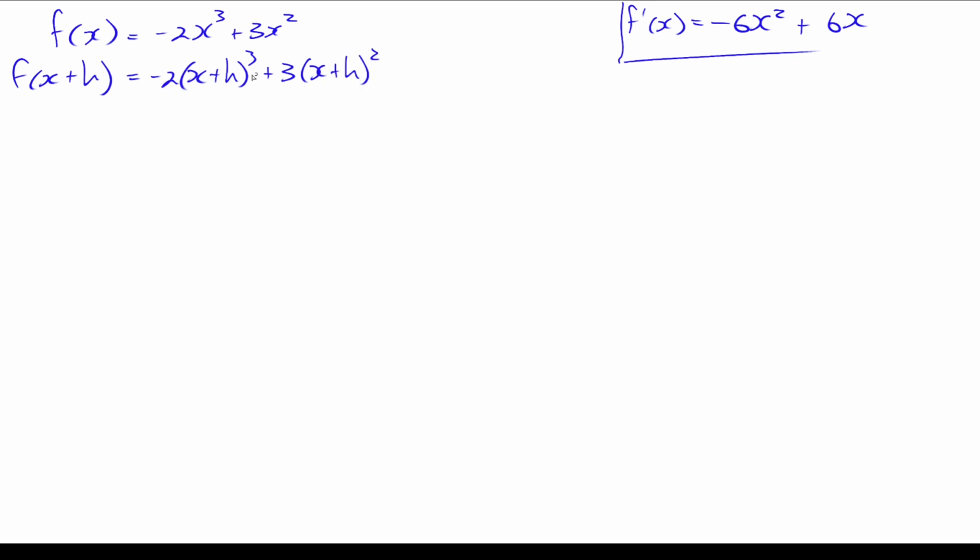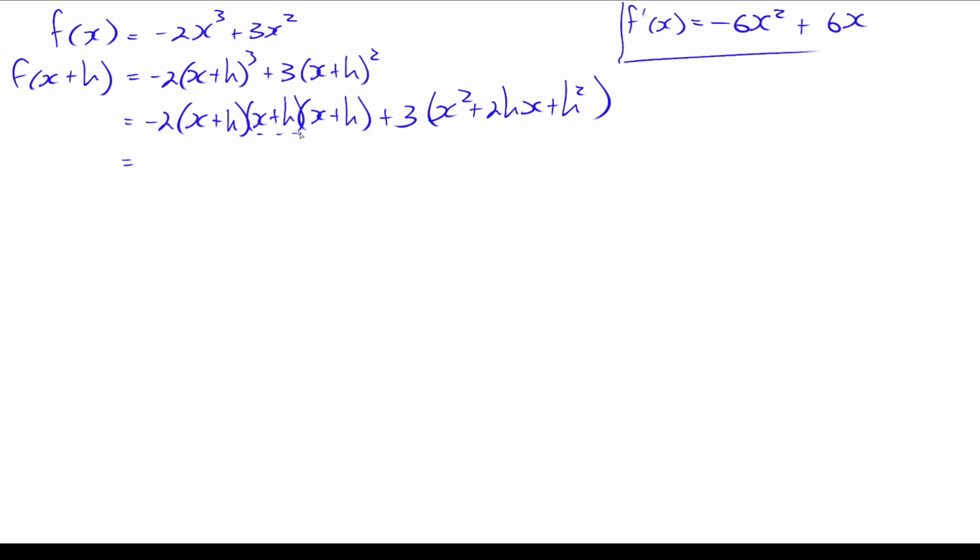Okay, what you're going to see me do now is do more steps, because this to the power of 3 just makes things a little bit harder. So I stopped taking shortcuts because I know I'm prone to making mistakes in this kind of setup. This one, still easy. I'm going to do 2hx plus h squared.